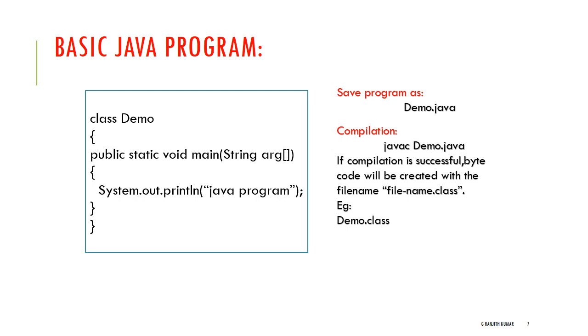We will discuss what bytecode is later. That bytecode file name is going to be the same name, demo, but the extension is .class. So our source program is .java, and this bytecode file has the .class extension. If there are no errors, this file is created in the same directory, and we get the command prompt again. That means compilation is successful.